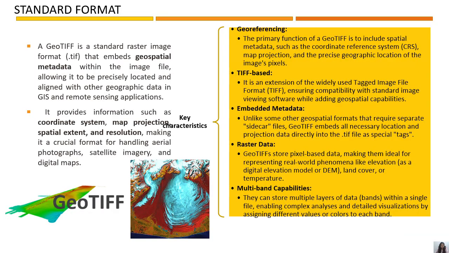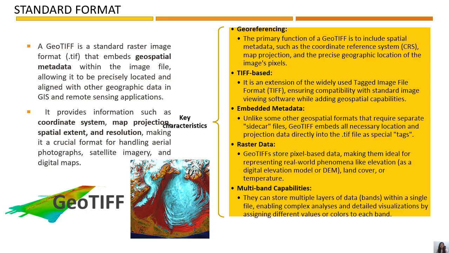Let us understand GeoTIFF and the different capabilities it offers. As I was saying about georeferencing, it helps us identify a particular image when we include spatial metadata to coordinate it to the latitude and longitude, or to give a map a projection. There is a tool or feature in GIS software for this, the coordinate reference system.